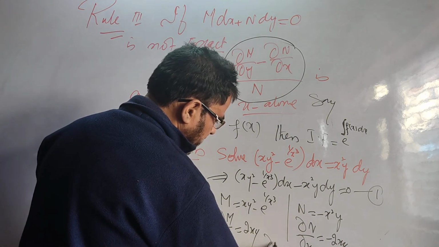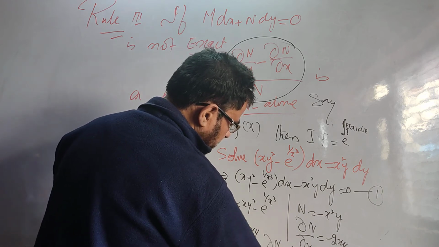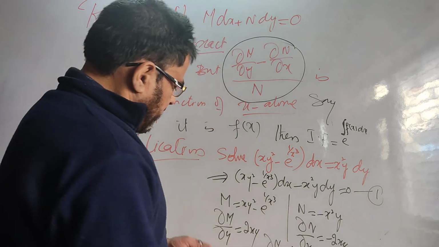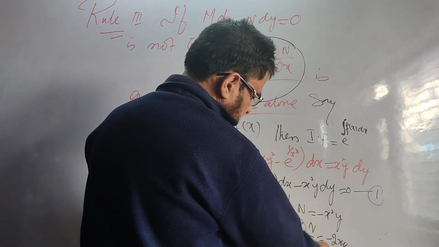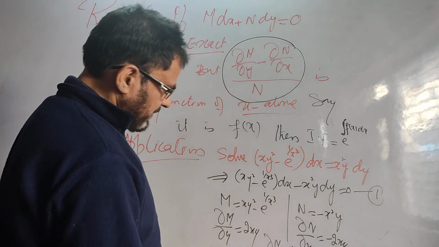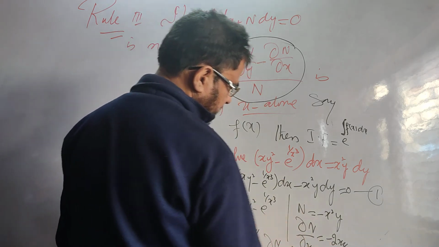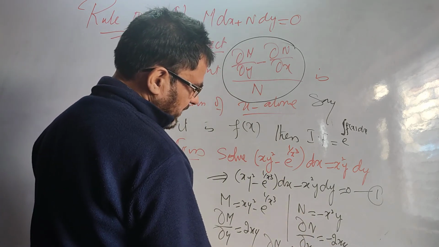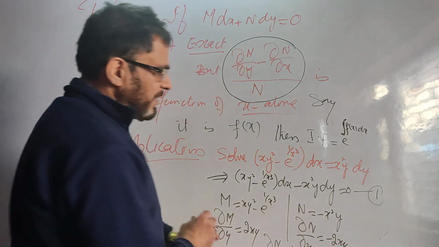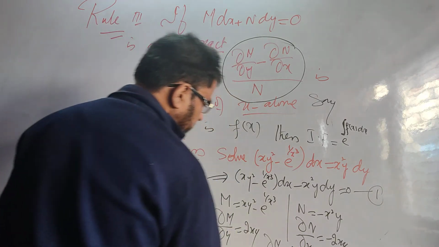So partial of M with respect to y is not equal to partial of N with respect to x. When I subtract them, I will get 4xy, and I divide by this N, I get only a function of x. You see how?